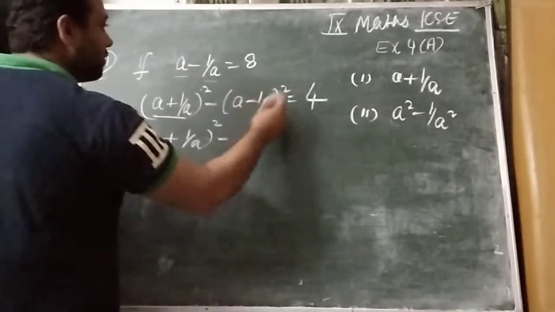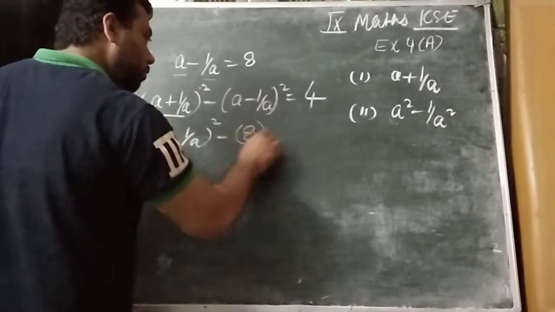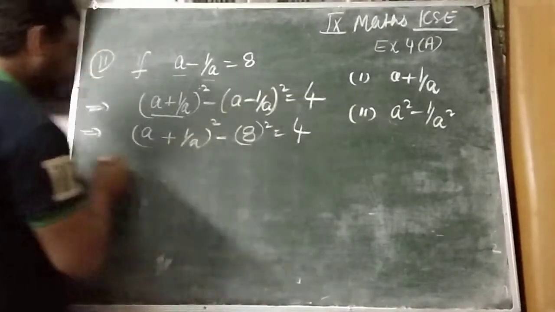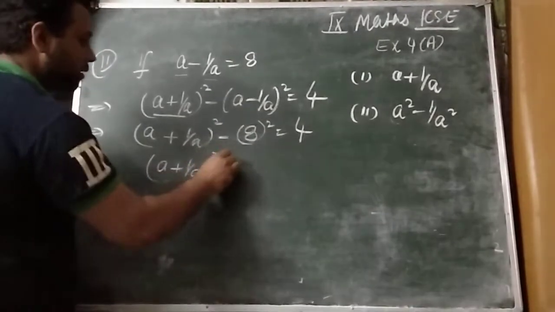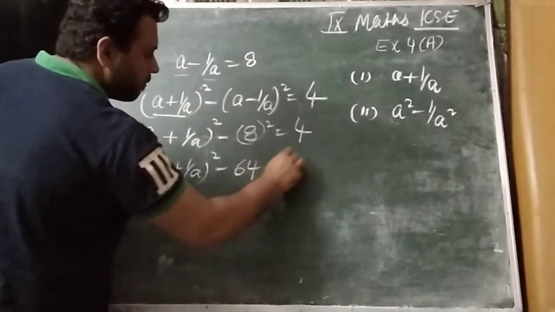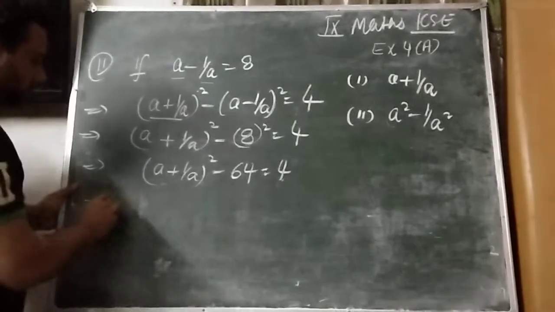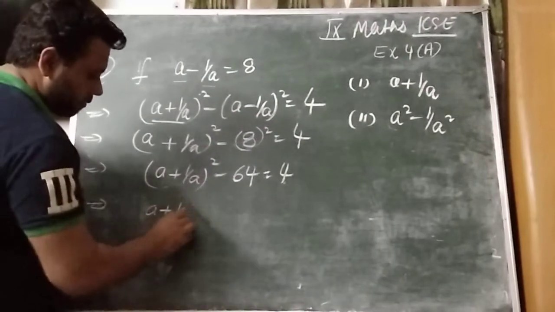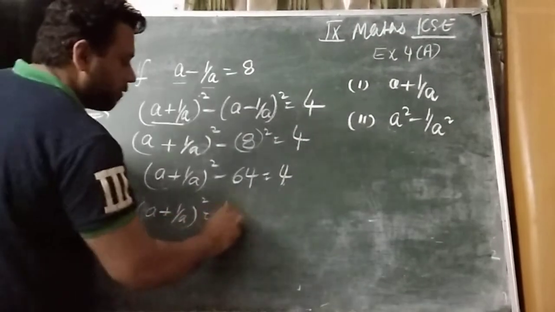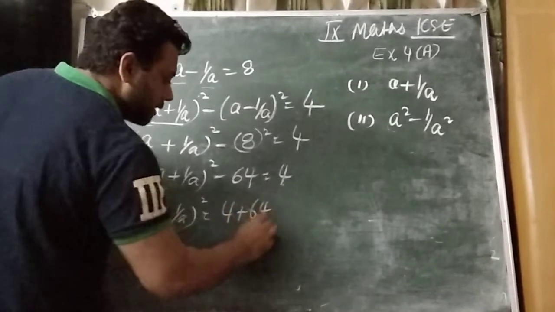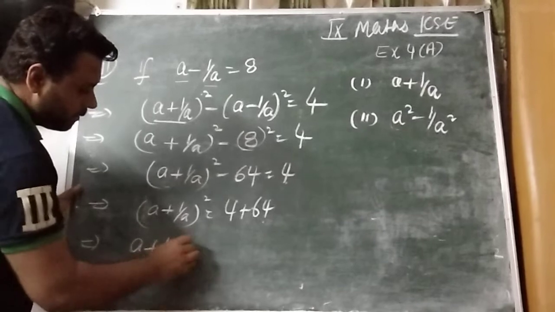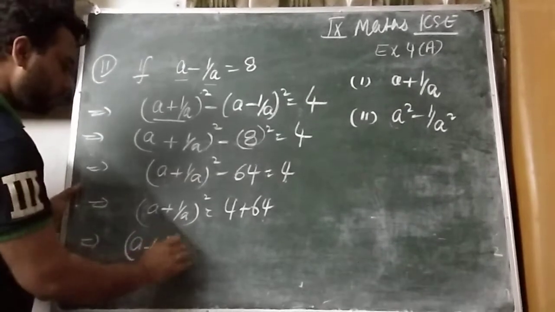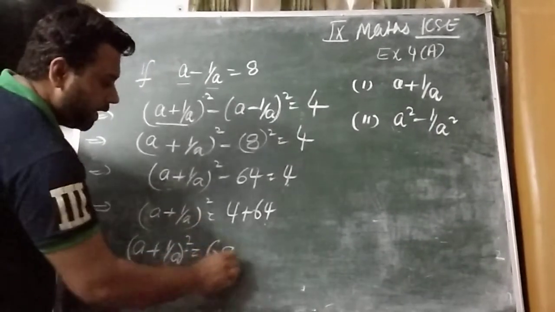A plus 1 by a whole square, that we have to find. What is the value of a minus 1 by a whole square? Equal to 64. 4 plus 64, (a plus 1 by a) whole square equal to 68.